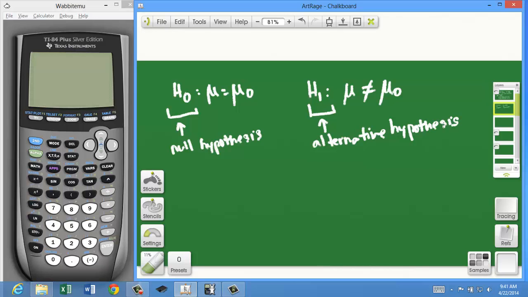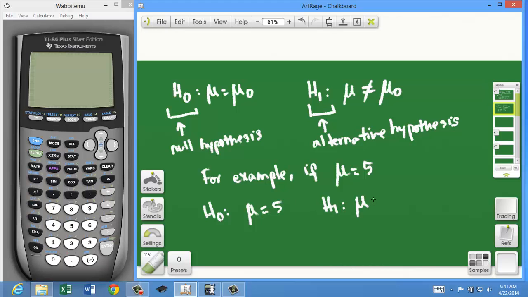So if someone claims that mu is equal to 5, suppose, for example, if mu is claimed to be 5, then the hypothesis is mu equal to 5 versus the alternative mu not equal to 5. So the claim would be in the null.